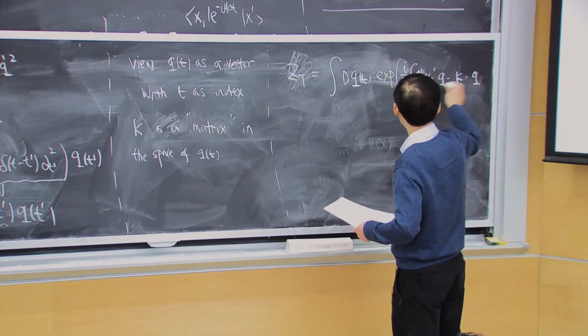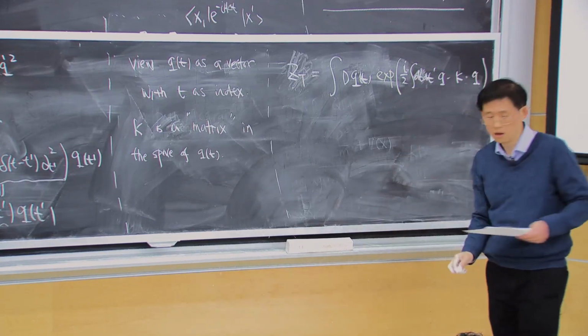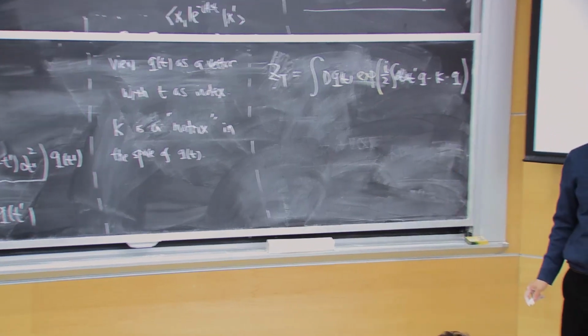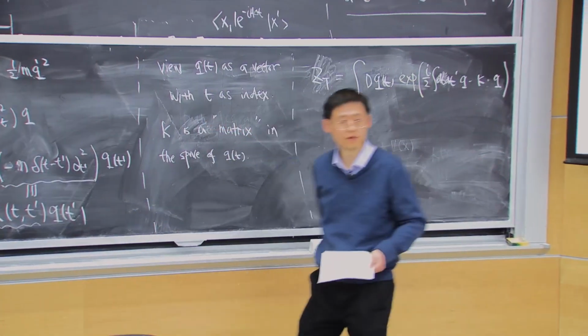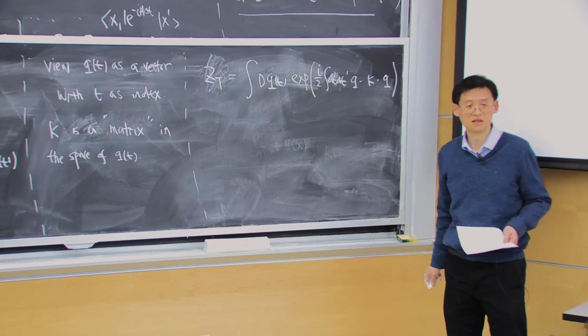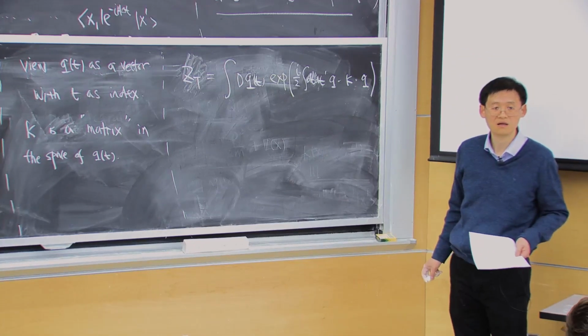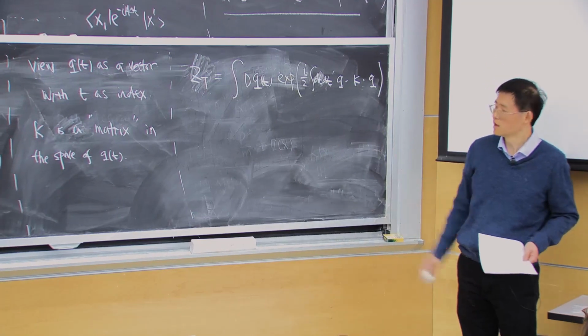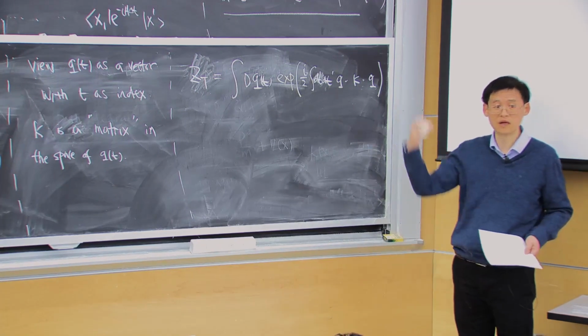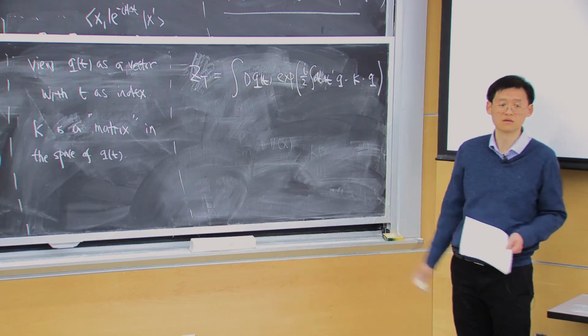Let me just use this simplified notation. You should view it as the same as that. Question: is it ad hoc that you left the first q as a function of t and not of t prime? It doesn't matter. You can do it that way too. It won't change.